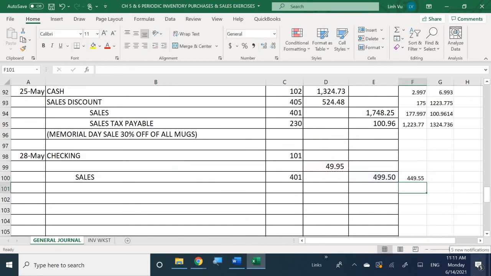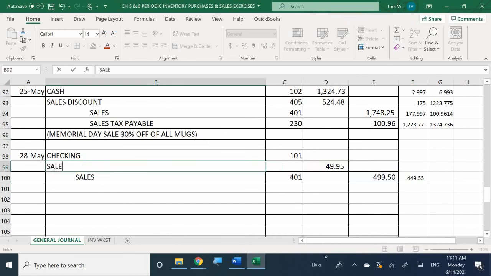So the total is 449.55. That's just the total amount for the cups, with the discount.